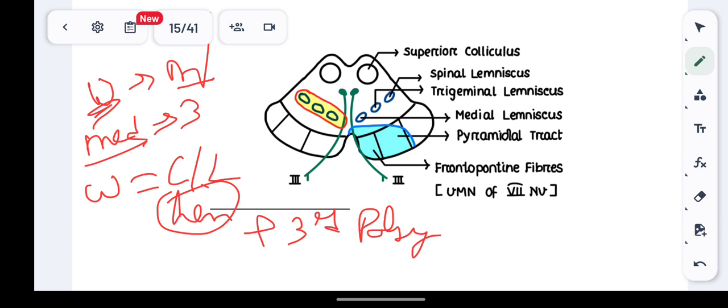Only the 2-3 points that we have revised, only those we will be able to recall. So learn only that which is useful and important, and from which we can solve the questions.